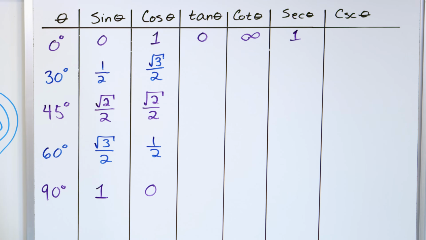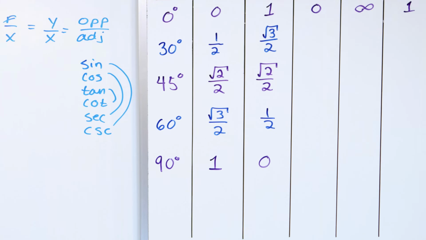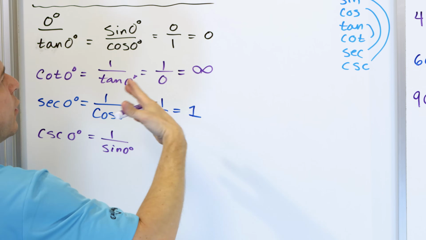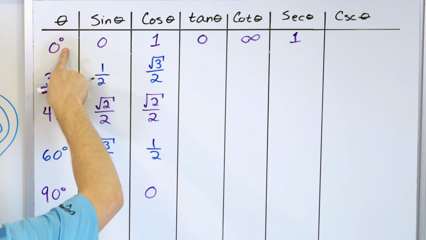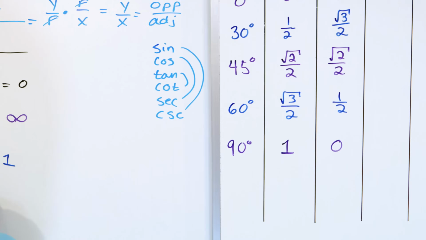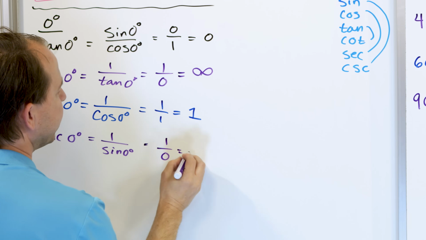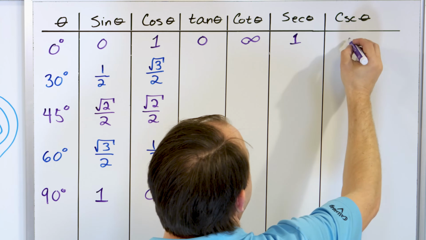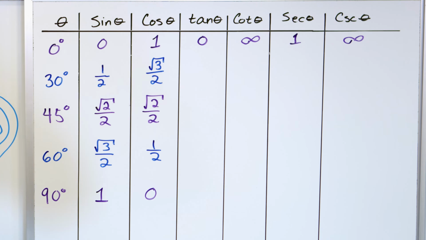What's then the cosecant? The cosecant of 0 degrees is 1 over the sine of 0 degrees because of our inverse relationship. The sine of 0 is 0. We have it right here. So then you have 1 over 0. Again, infinity. Some books might say undefined. So here we filled out the first row of the table.